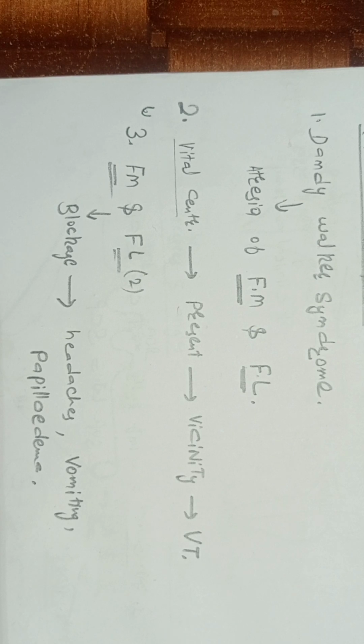So these are the three clinical points about the fourth ventricle. How can this blockage occur? This blockage can occur because of brain tumors, infratentorial brain tumors.